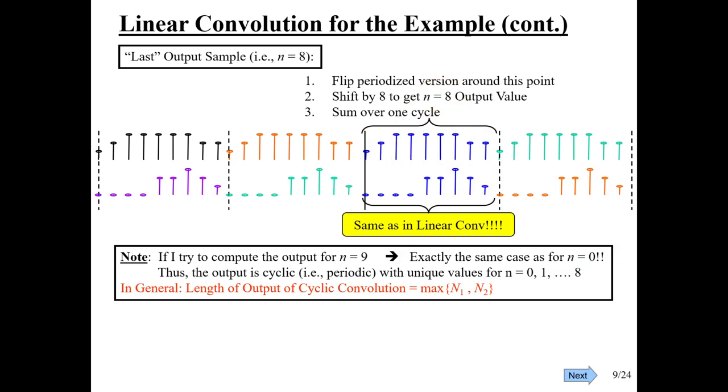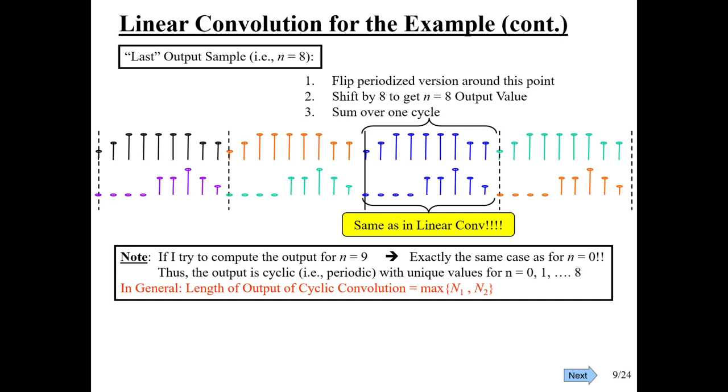So we would say that the length of the output of the cyclic convolution is the max of the 2 lengths. So the largest length of the 2 signals that you're circularly convolving. And so that's definitely different. So we're seeing not only do we get wrong values, we get some right values, but we don't even get the right number of values.